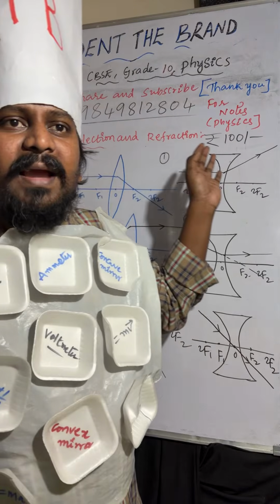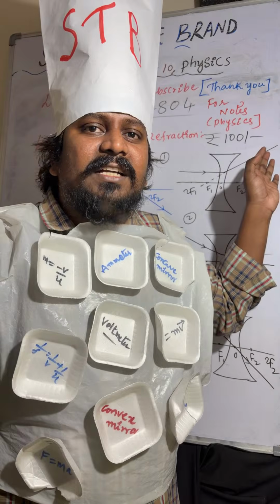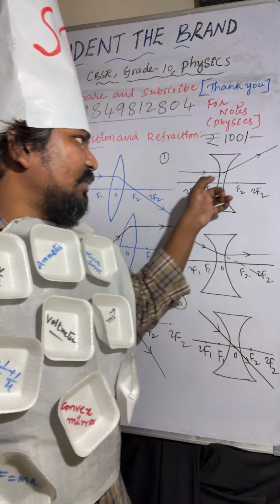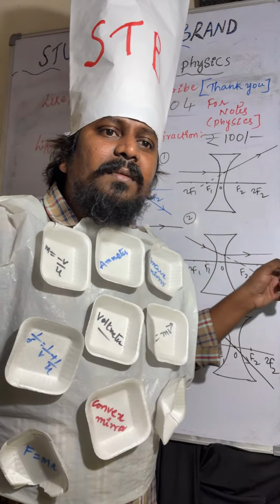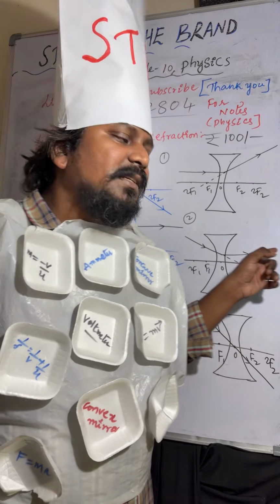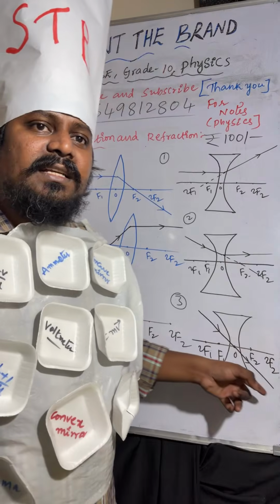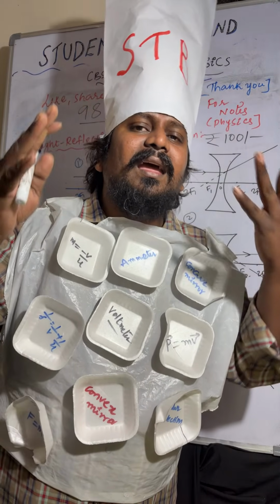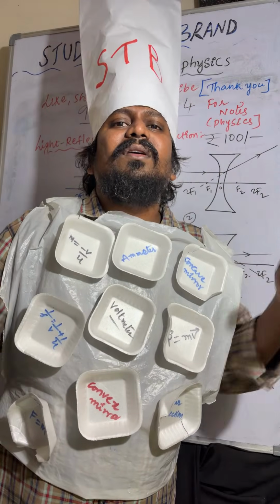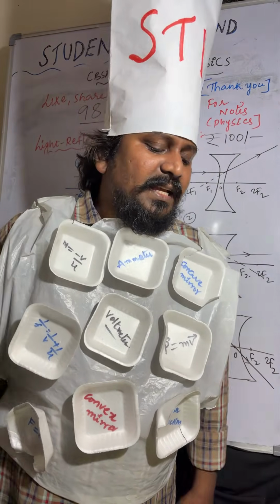Light rays coming parallel to the principal axis, after refraction, pass through focus. Light rays passing through focus, after refraction, become parallel to the principal axis. Light rays passing through optic center, no deviation takes place.